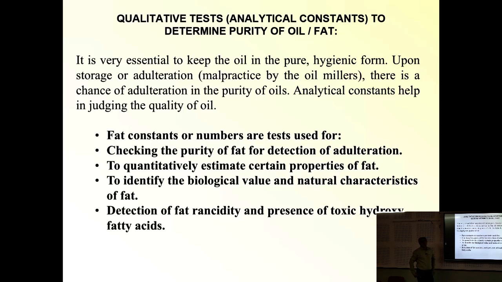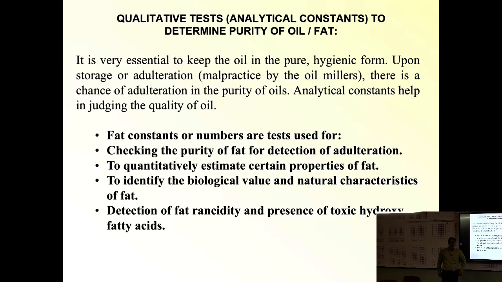Malpractices by whom? Generally malpractices are done by these oil millers, and there are chances of adulteration of the purity of oil too. So there are analytical constants given for judging the quality of oils.